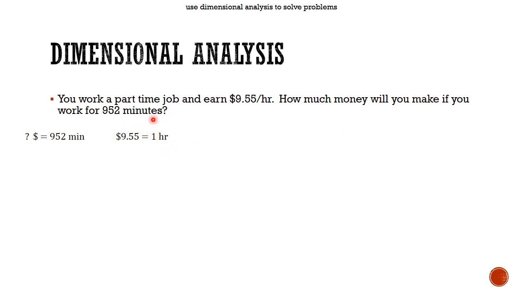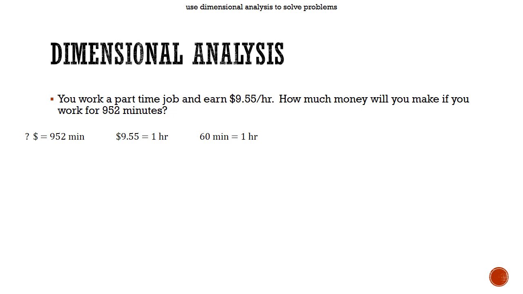So for every hour of work, that's equal to $9.55. So there is at least a conversion factor. You'll also notice that our time units in the problem were given as minutes of work, yet our wage is measured per hour. So we're going to need to relate those two units. And of course, 60 minutes is equal to 1 hour. So there's another equality we might need.